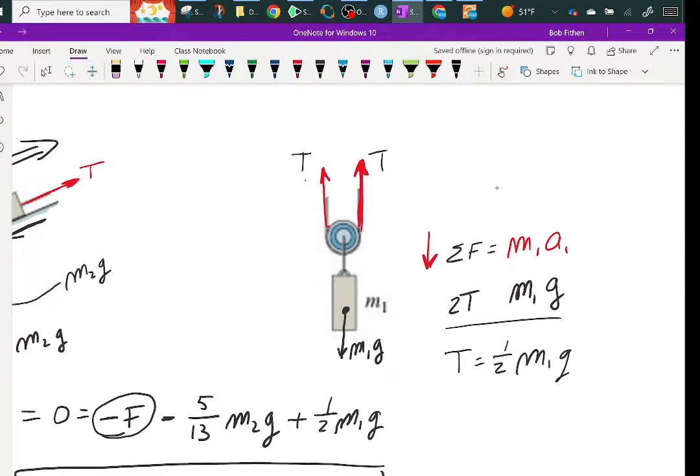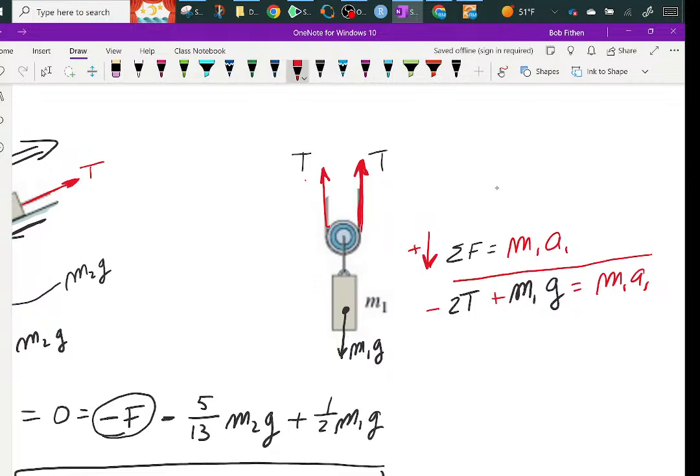Now it turns out I have 2T minus 2T in the other direction, 2 positive there, plus this is equal to M1A1. So I got an equation set right here.